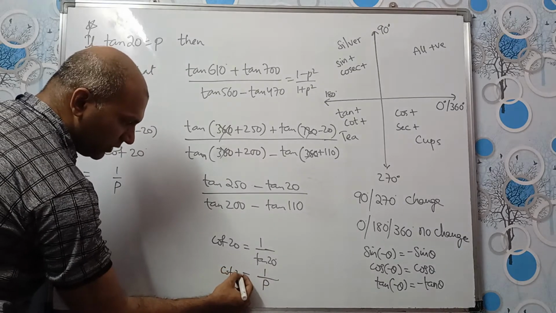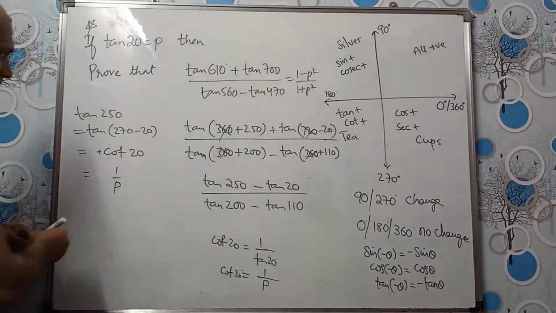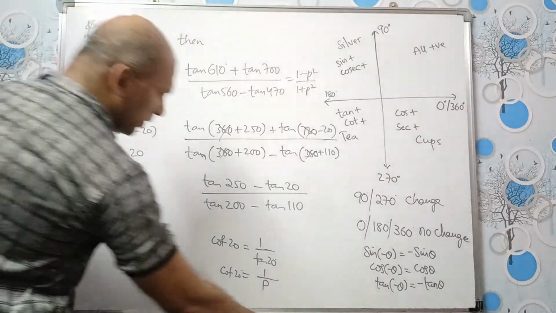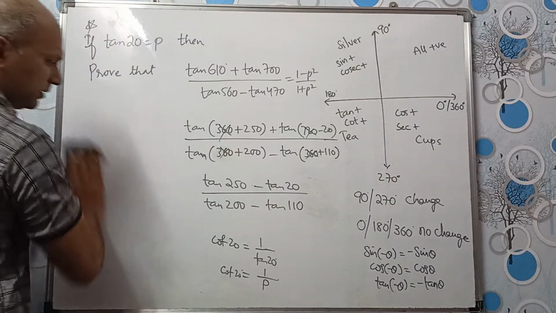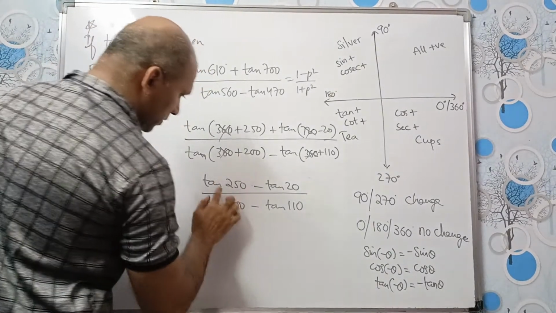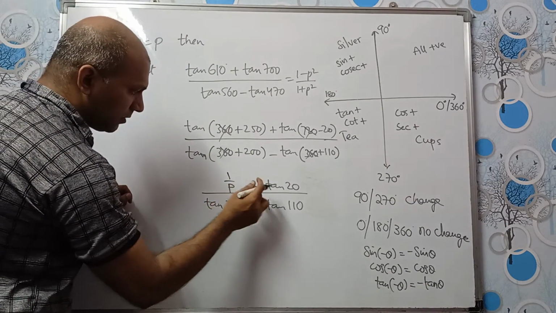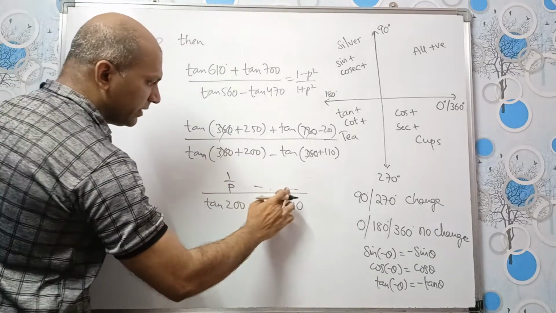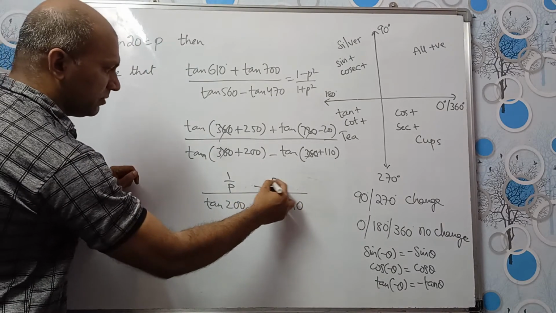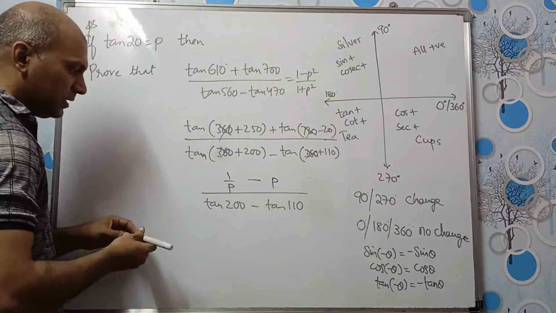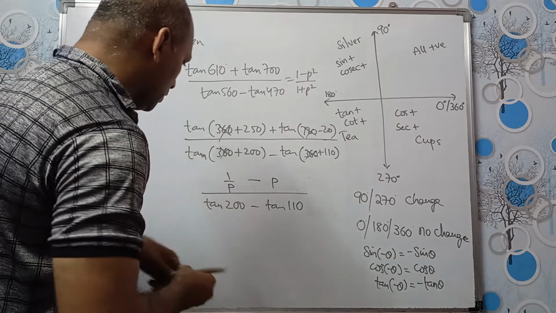So cot 20 will be equal to 1 by P. Okay. So tan 250 is equal to how much? It is equal to 1 by P. Okay. So tan 250, let us write 1 by P minus tan 20 is P given, right? So let us write P here minus, let us simplify tan 200.